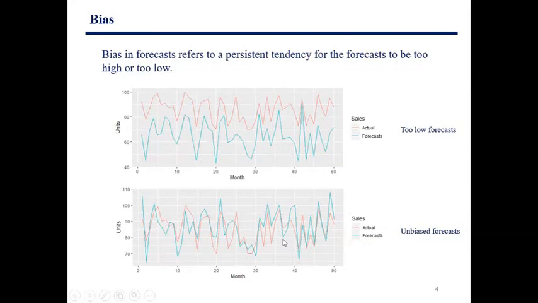We will see after how to measure the bias in forecasts, but I think these two examples show clearly what biased and unbiased forecasts are. And of course, you can imagine the situation where forecasts are always higher than the sales, and in that situation also we will say that we have biased forecasts.